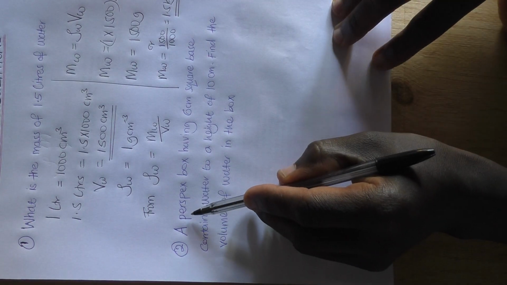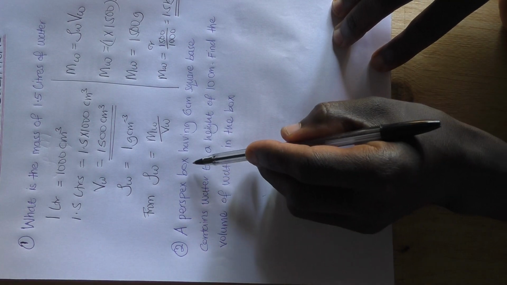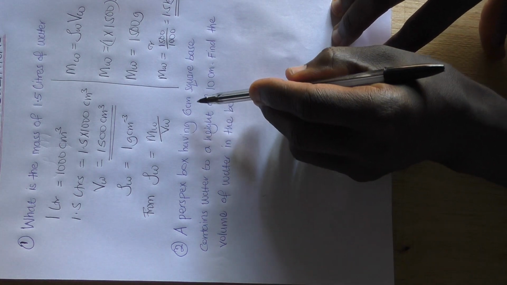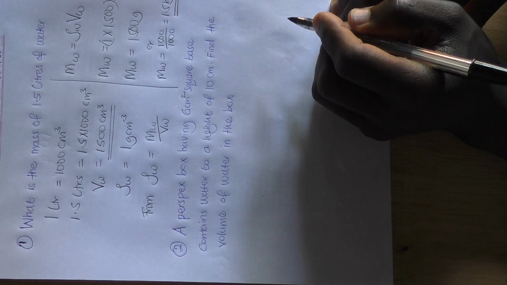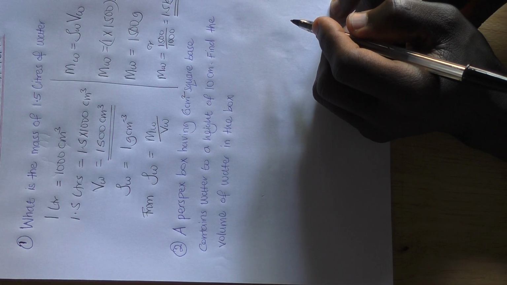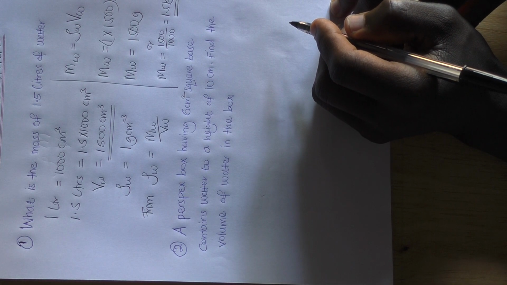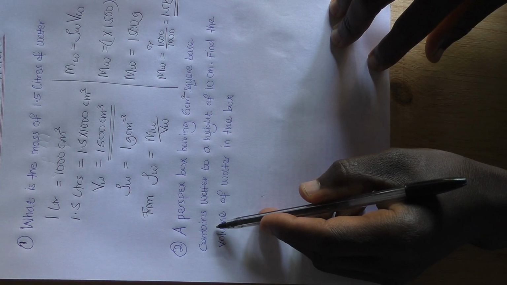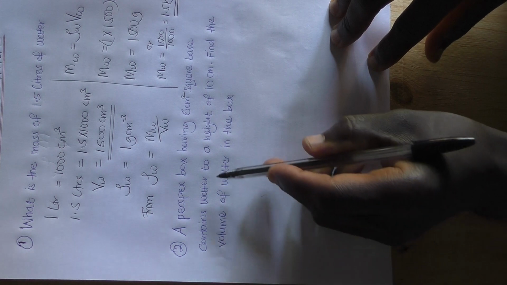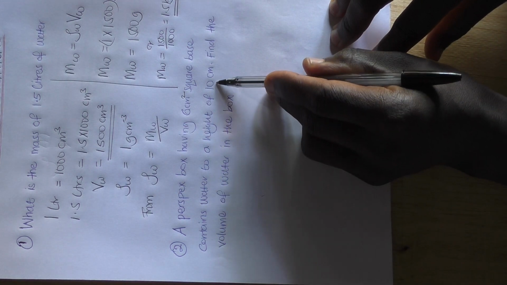We are given a perspex box having 6 centimeters as the square base, which contains water to a height of 10 centimeters.